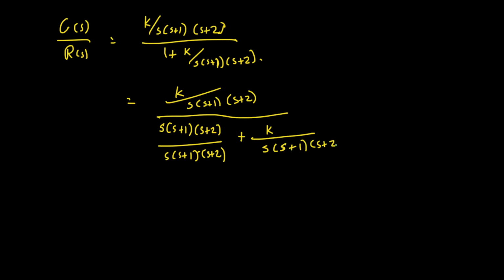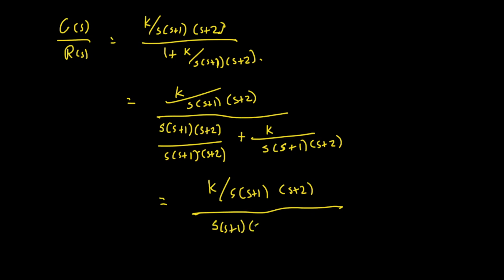Now since both of them have the same denominator, we can add them together. The top part remains the same, s times (s + 1) times (s + 2), and in the denominator we have s times (s + 1) times (s + 2) plus k, divided by the same denominator, s times (s + 1) times (s + 2).